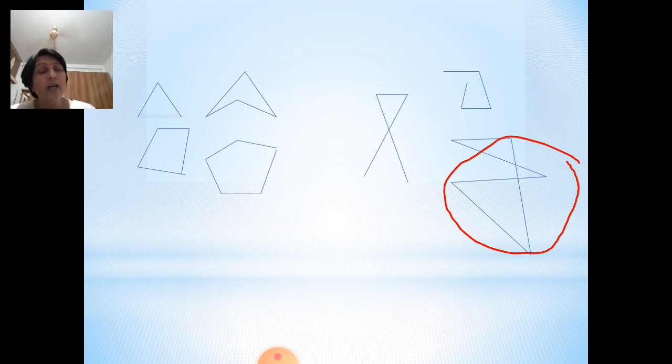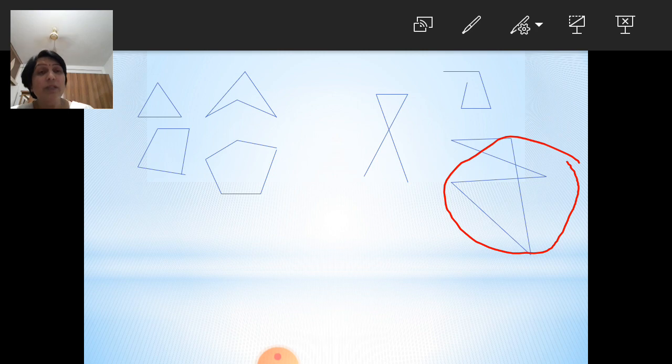Here the figures are made into two categories. The first category, which you can see, where the figures are made up of line segments, they are closed and the lines are not overlapping, that means they are simple.